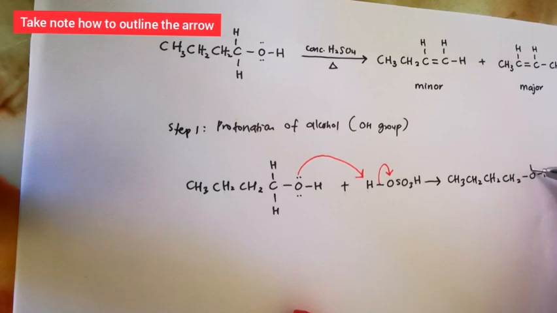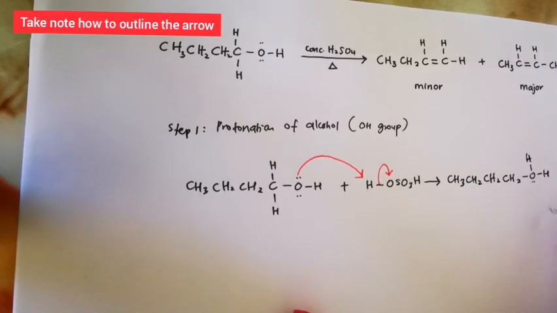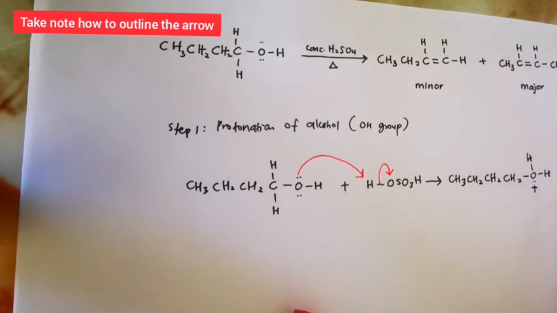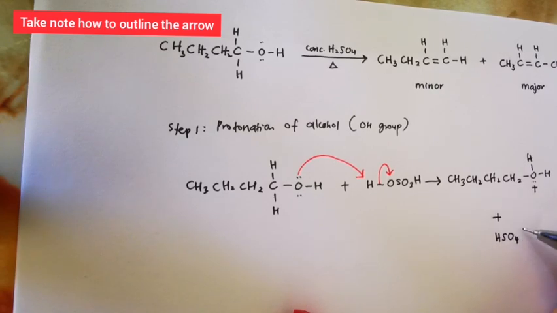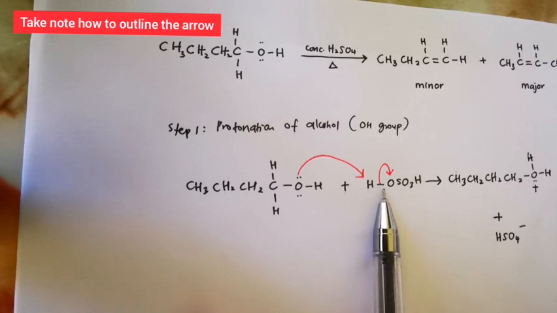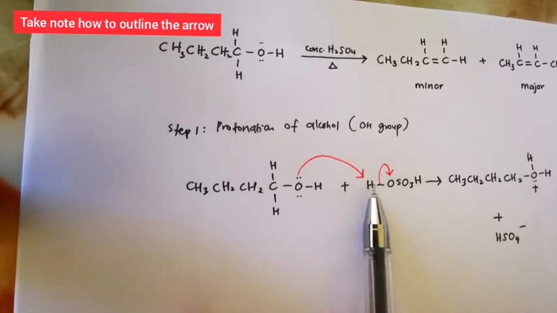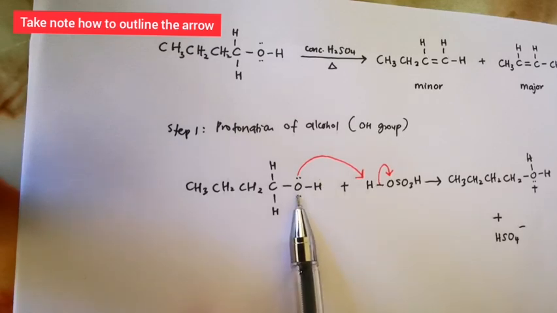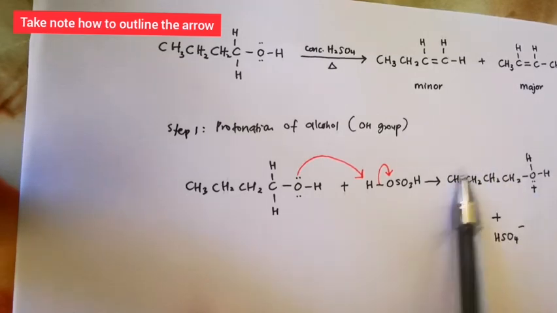Okay, and H is protonated to this hydroxyl group, and it will become positively charged, plus HSO4 minus. It is the acid catalyst that already broke the OH bond, and the proton or hydrogen ion here has already attached to this hydroxyl group. So we will get the protonated alcohol at step 1.